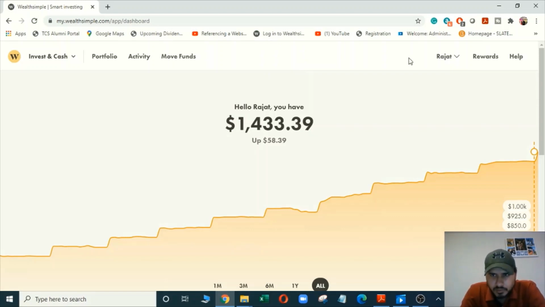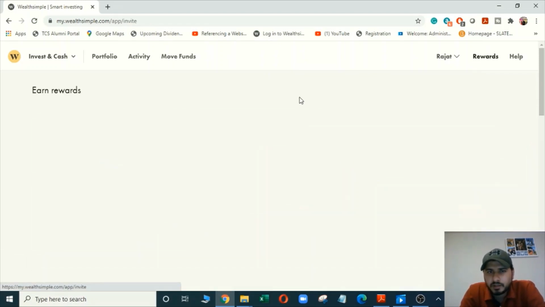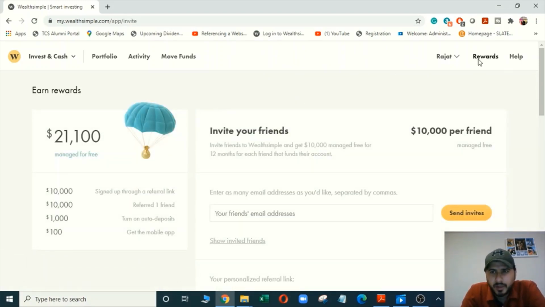this account. For example, if I go into the reward tab, it's showing that right now I have a balance of $21,100 managed for free. That means up to this much amount, Wealthsimple will not charge me any commission.